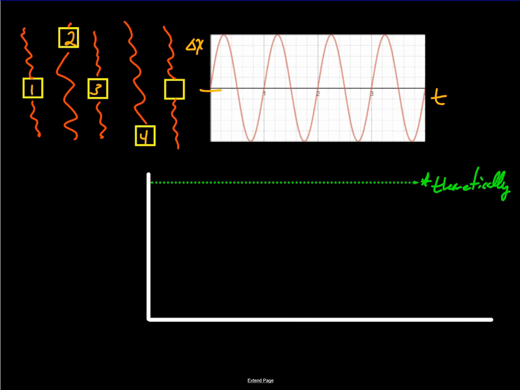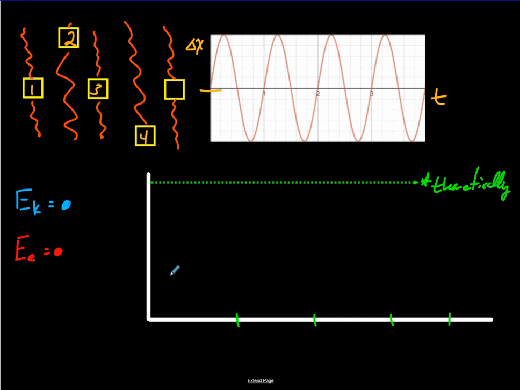Okay, and let's call EK the blue line, and we'll say EE the red line. Okay, so let's try to map out our EK first. So I'll make some points. Here's 1 second, 2 seconds, 3 seconds, and 4 seconds.